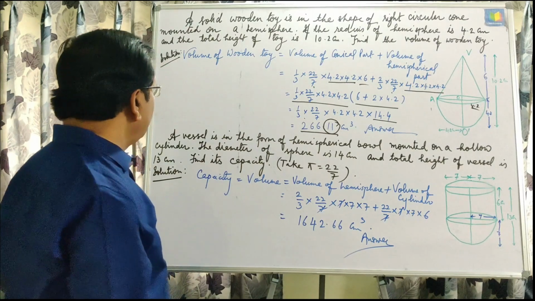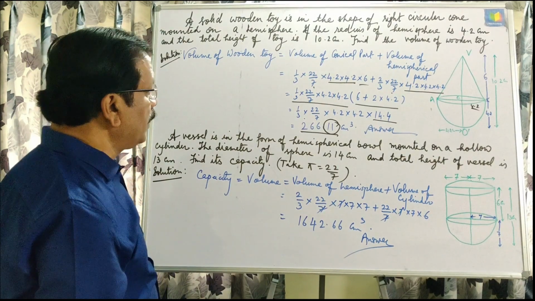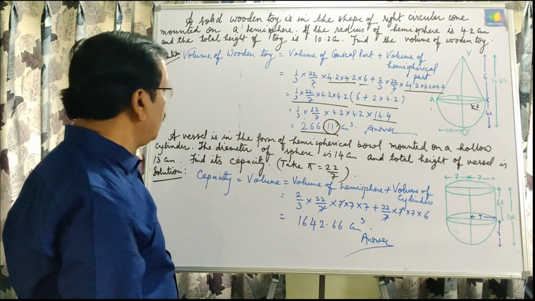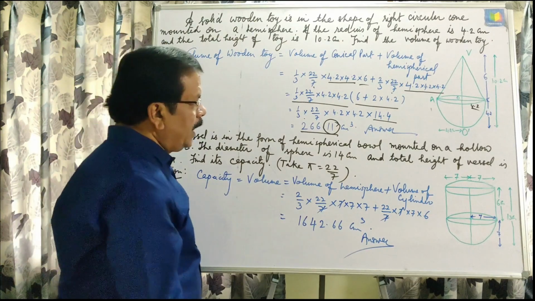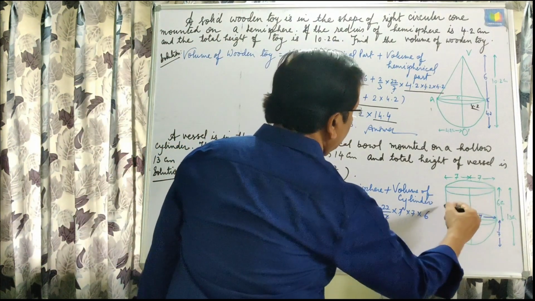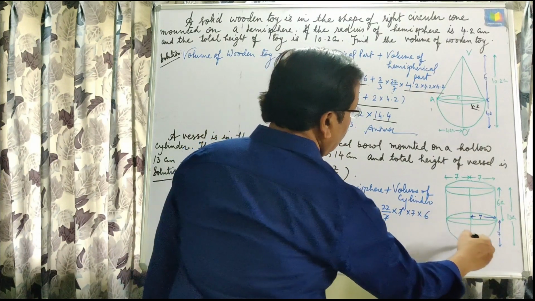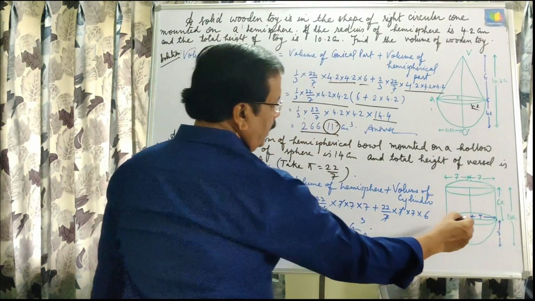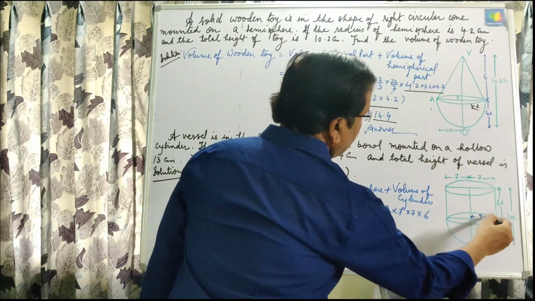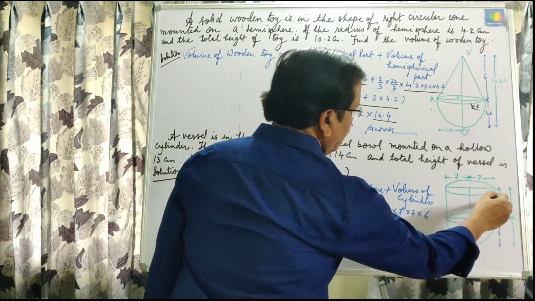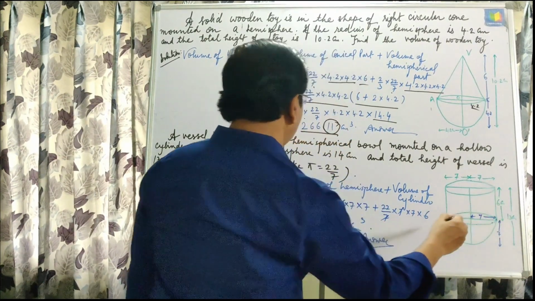Now next question, a vessel is in the form of a hemispherical bowl mounted on a hollow cylinder. This is the hollow cylinder, and this is mounted on a hemispherical bowl. Radius of the hemisphere and this cylinder will be same, and height is coming 6 centimeter.